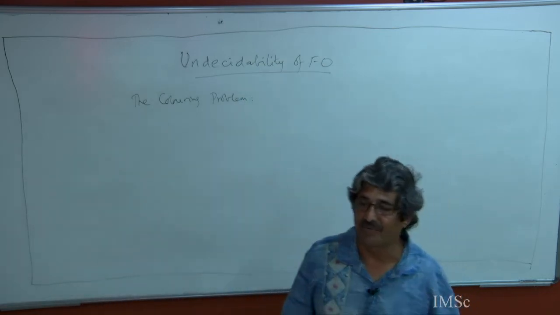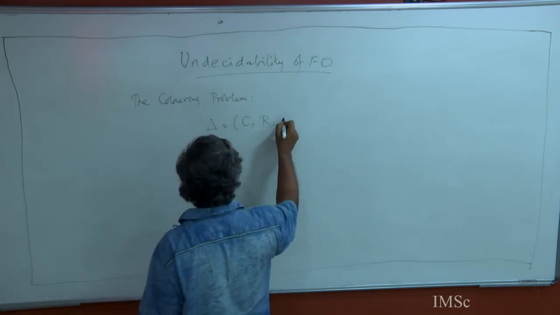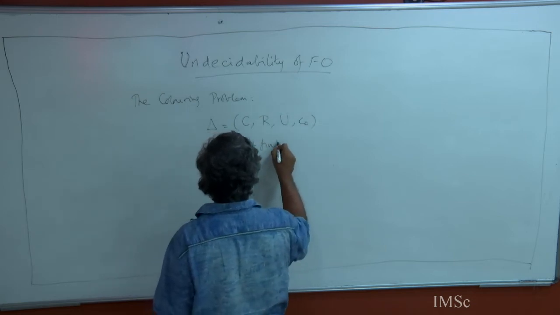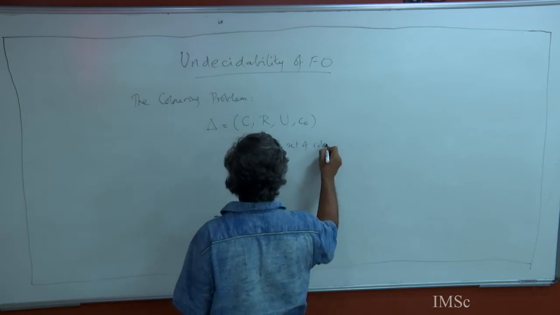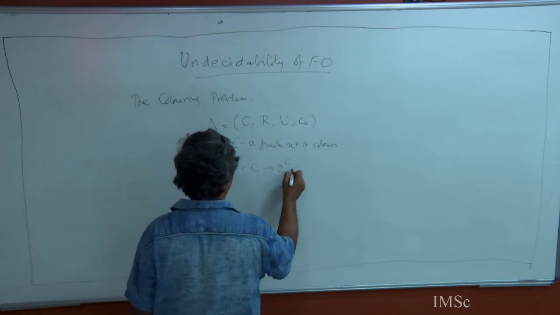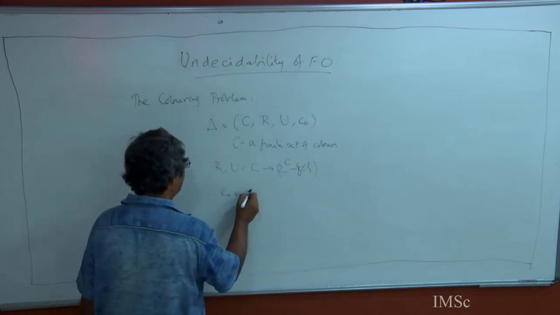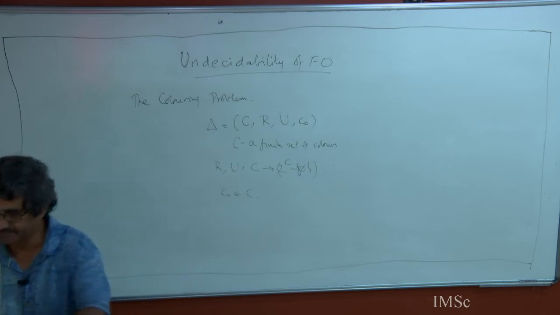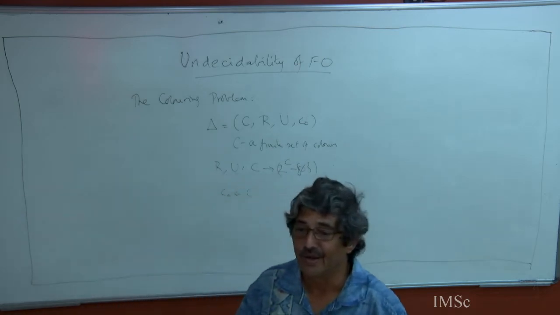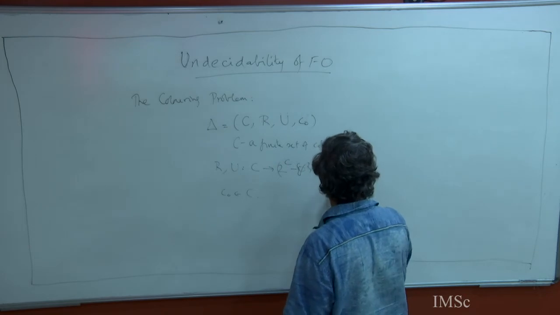Okay, what is the coloring problem? An instance of the coloring problem is given by a tuple where C is a finite set of colors, and R and U are functions from C to 2 to the C minus the empty set, and C0 belongs to C. You are given a finite set of colors and two functions which you call right and up.